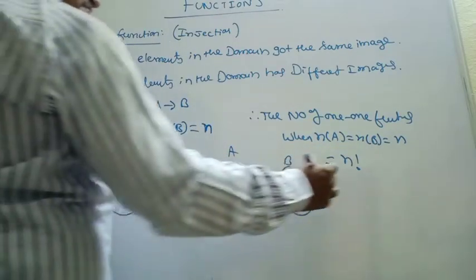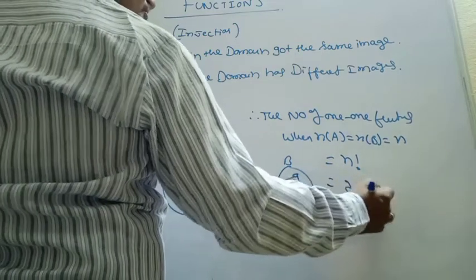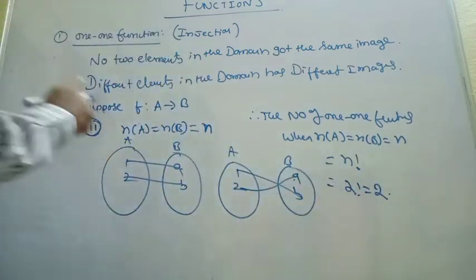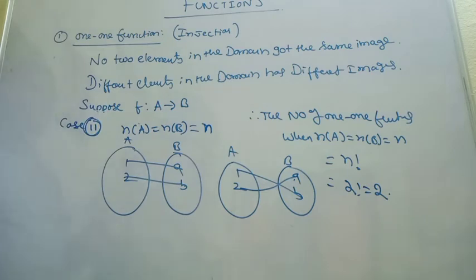N factorial means here 2 factorial, that means two functions we have got here. When n(A) equals n(B), the number of 1-1 functions is given by n factorial, that means the product of the first n natural numbers.